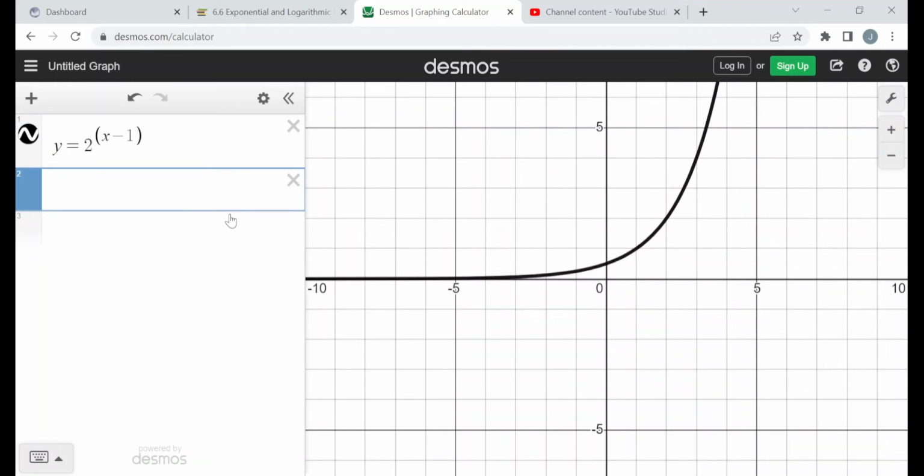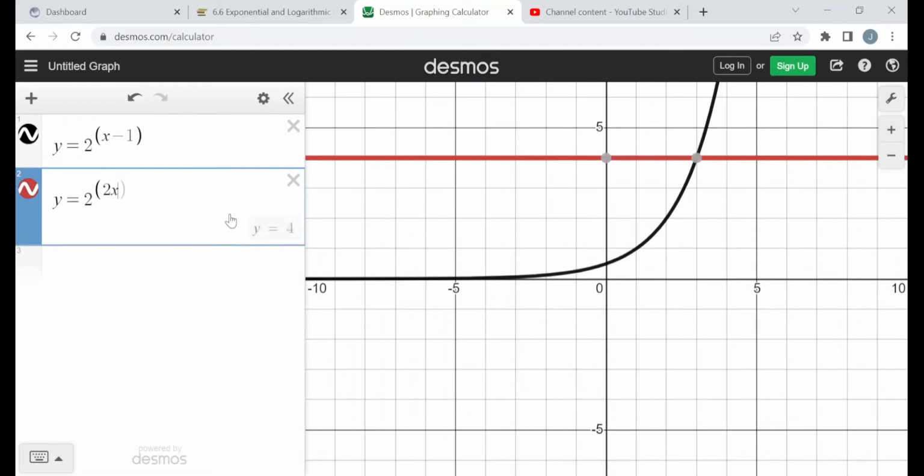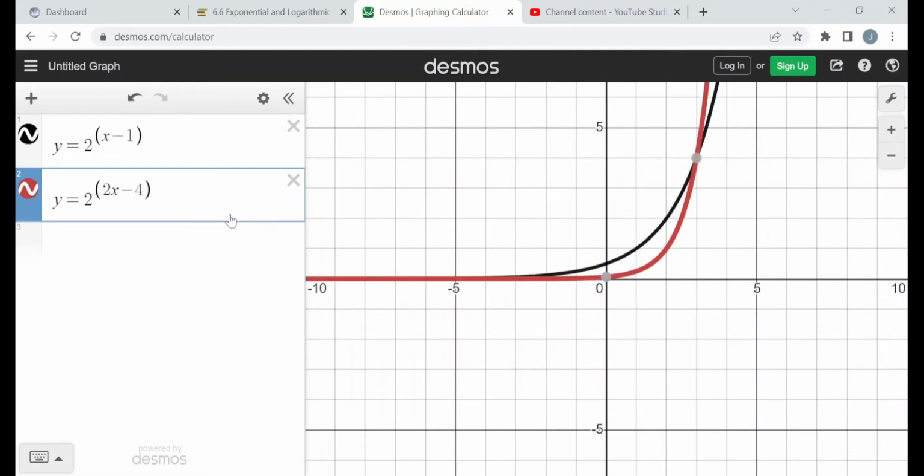And then the next line I'll graph y equals the expression on the other side, 2 raised to the 2x minus 4 power. And then look at where they cross. The nice thing about Desmos is they'll point out where things cross. And you see they cross at the point 3, 4. So they're going to have the same value. Both of these outputs will be 4 when x equals 3. So x equals 3 is our solution.